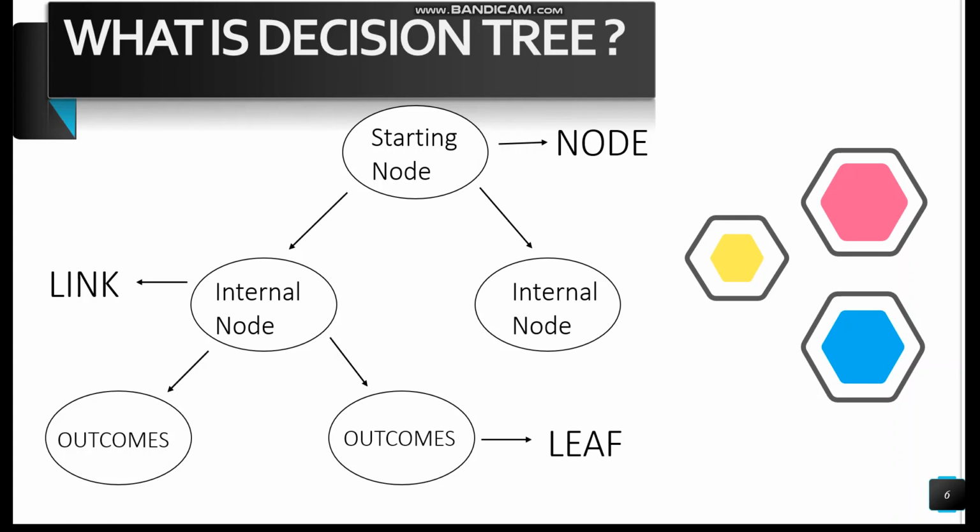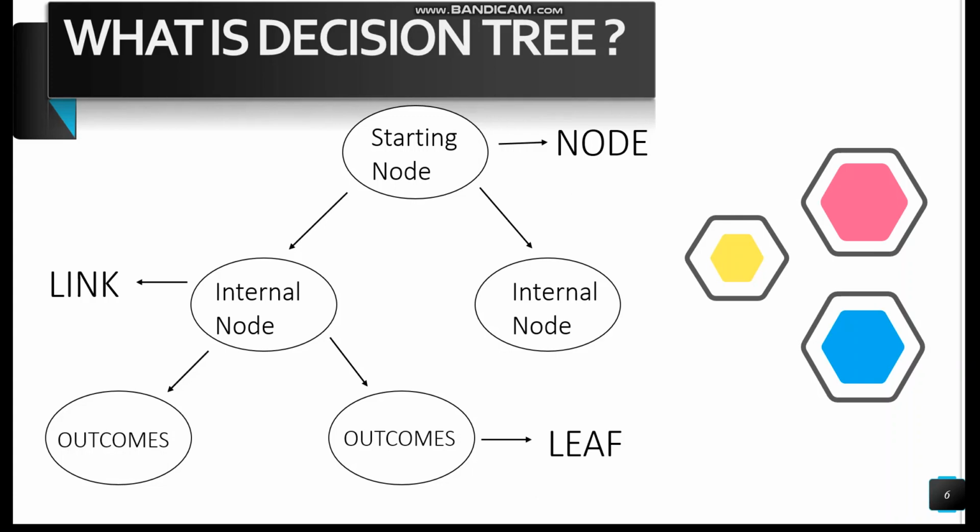Each internal node represents a decision point that eventually leads to the output. The last node is known as a leaf node. It is also known as a terminal node. Branches are nothing but the connections between the nodes. The link between each pair of nodes is known as a branch. So this is the structure of a decision tree.